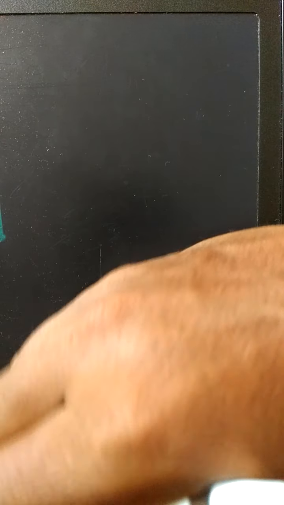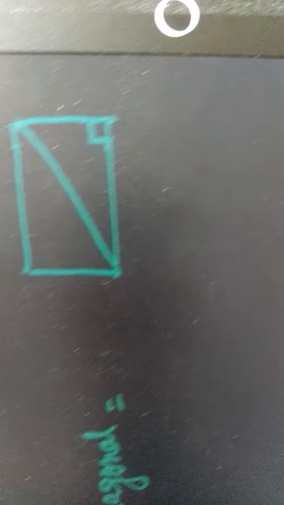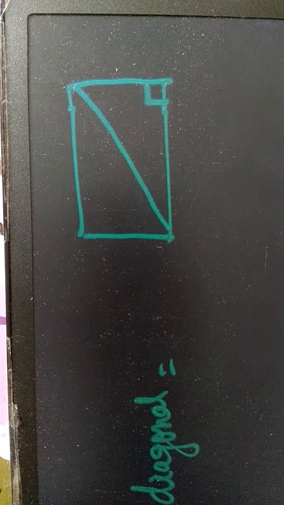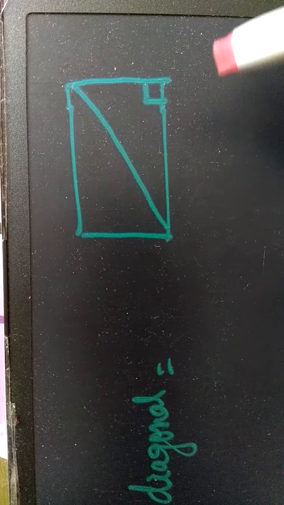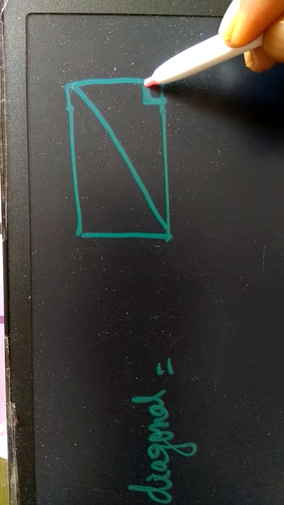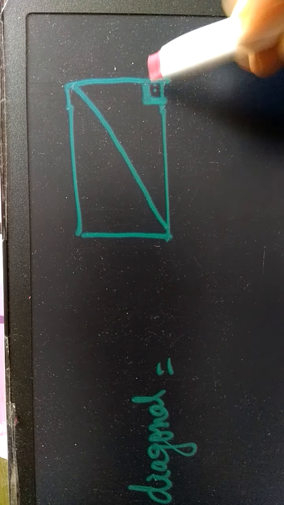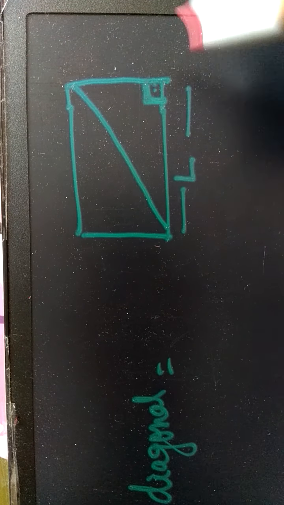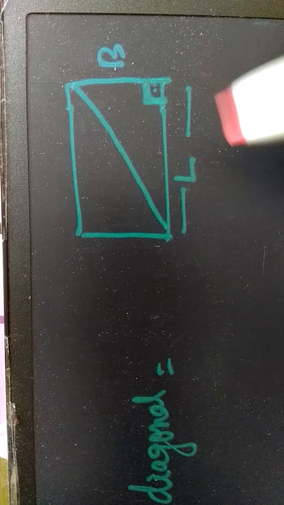Come to the next point, and that is the diagonal of a rectangle. To calculate the diagonal of the rectangle, we simply think for this part. This one is 90 degrees, this is length and this is breadth.